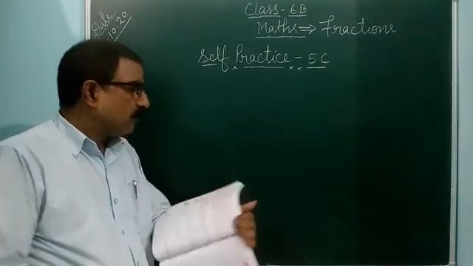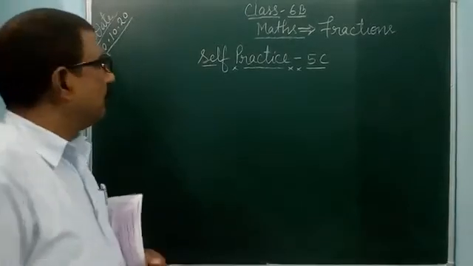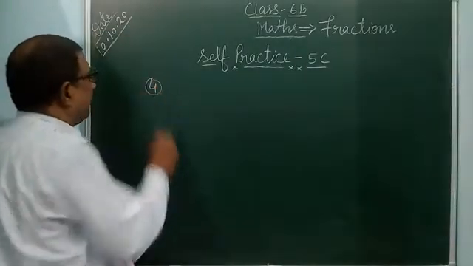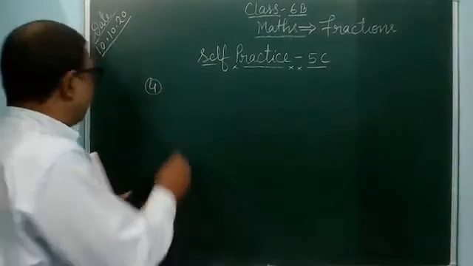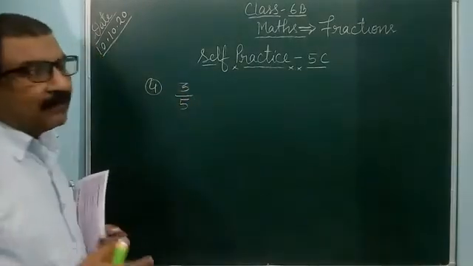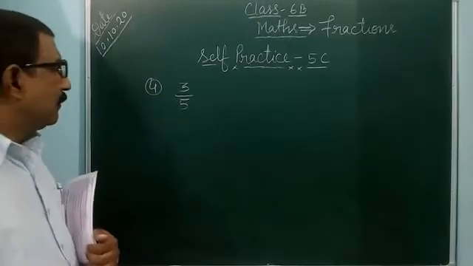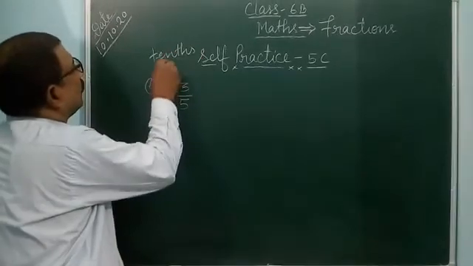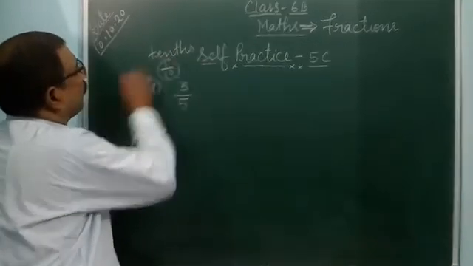So tens means the denominator will be tens. Question number 4, you can see 3 by 5. So you represent 3 by 5 as tens. Tens means 1 by 10.